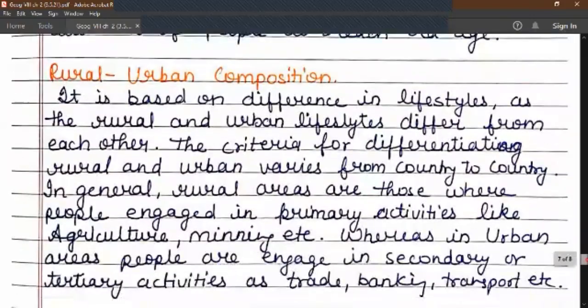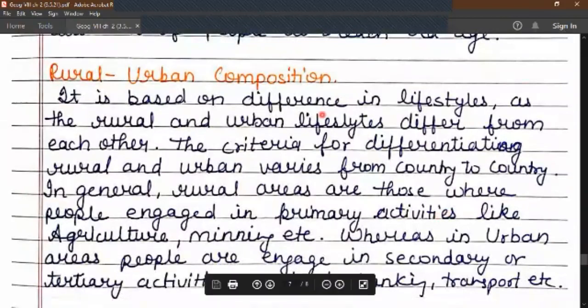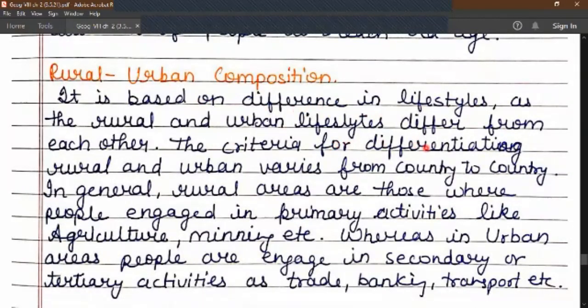Now children, let us discuss the rural-urban composition. It is based on different lifestyles, as rural and urban lifestyles differ from each other. The criteria for differentiating rural and urban vary from country to country.